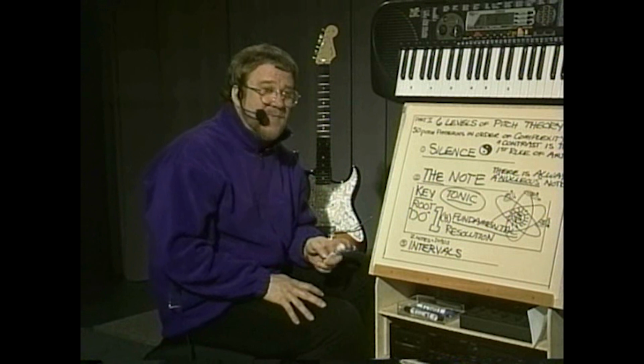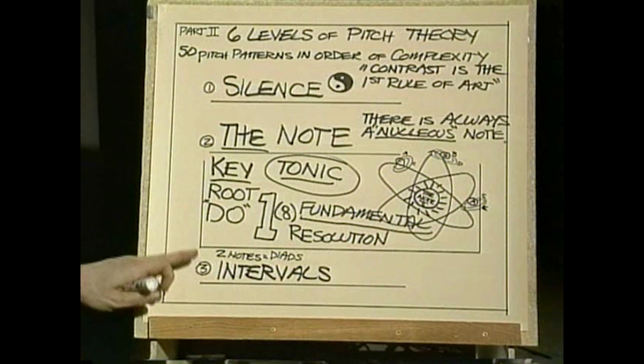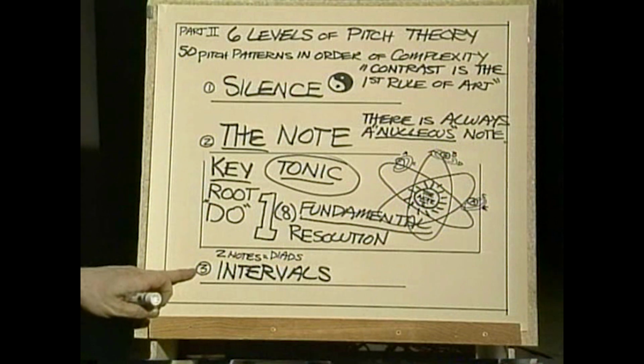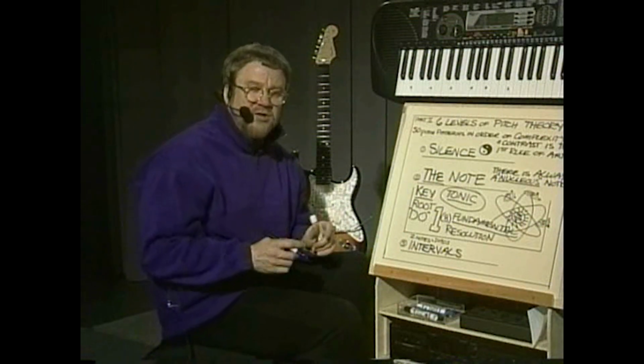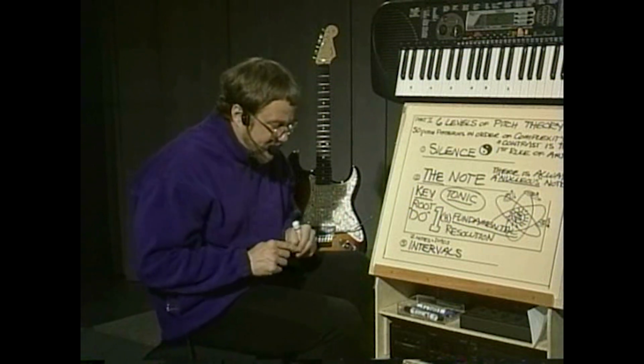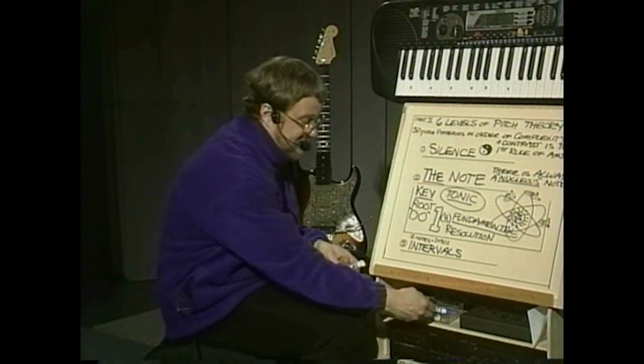This, as I say, is where the work really begins, because starting with level number 3, I'm going to suggest that this is where our list of 50 pitch patterns really begins to evolve from, and you're going to have a bunch of memorization to do on these various subjects.